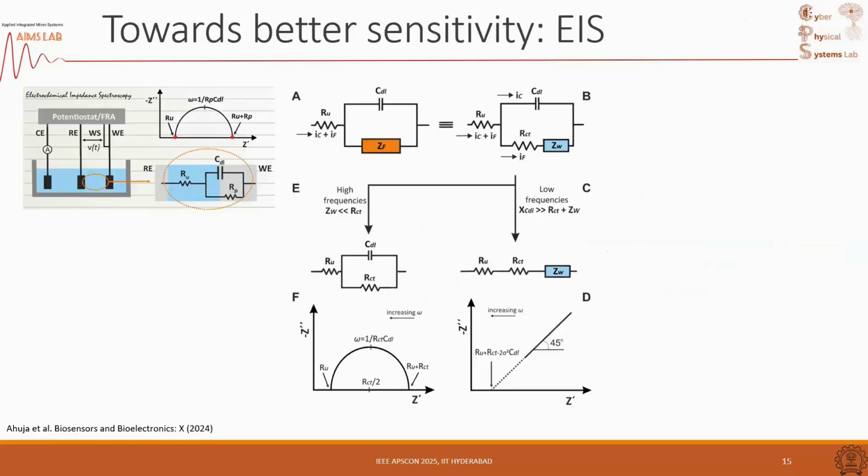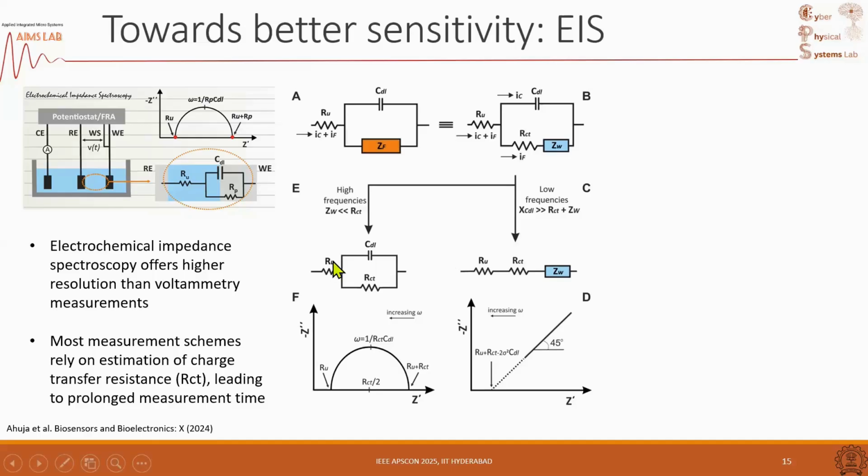I'll skip this slide. We are now going towards impedance spectroscopy measurements instead of voltammetry, simply because it's more sensitive at some of these lower concentrations where the sensitivity is compromised because of the salt that I was just showing you. So just to give you an idea of what this is, again, we have a 3-electrode system, but we now measure the impedance between the working electrode and the reference electrode instead of measuring the potential between those two.